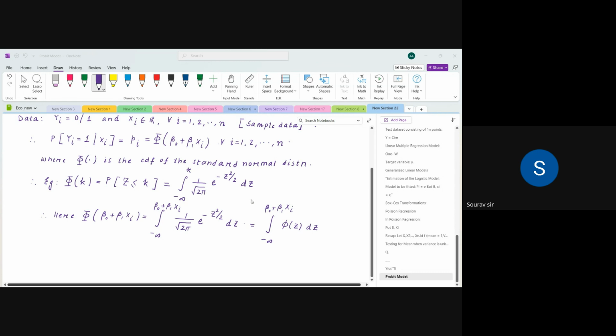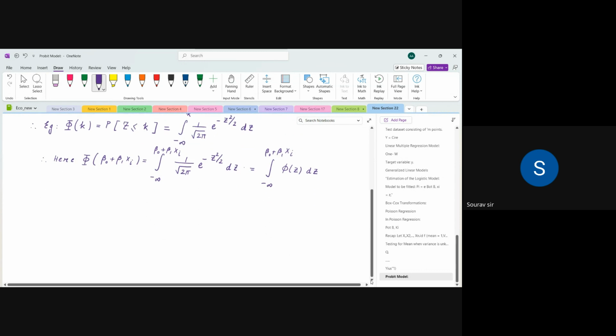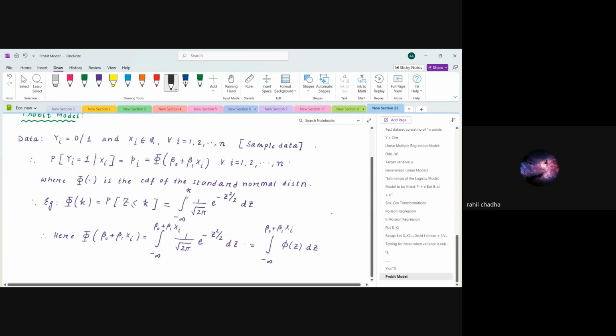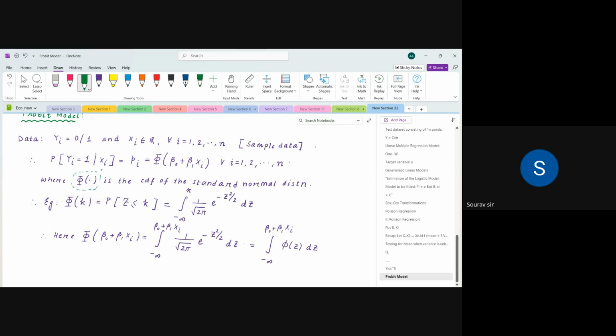Okay then. So the cap phi notation is for CDF, and this phi notation is for PDF of the standard normal.